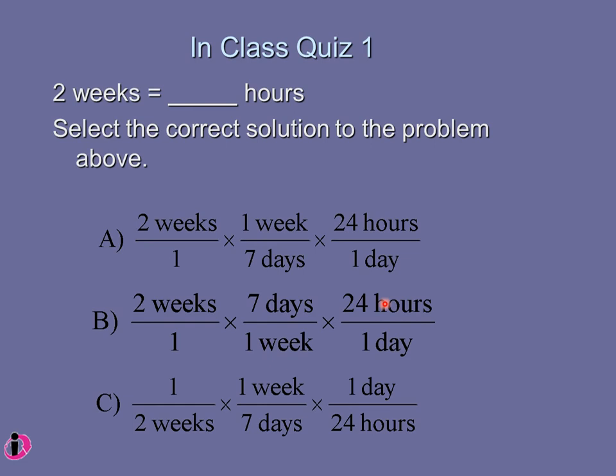So this shows you how you basically use the conversion factor, because as you can see in the other options, we have the right conversion factors as well. But the problem is, if you cancel them, you will not be able to cancel everything and end up with hours, right? Because you want hours, and at the end, everything should be cancelled except hours.